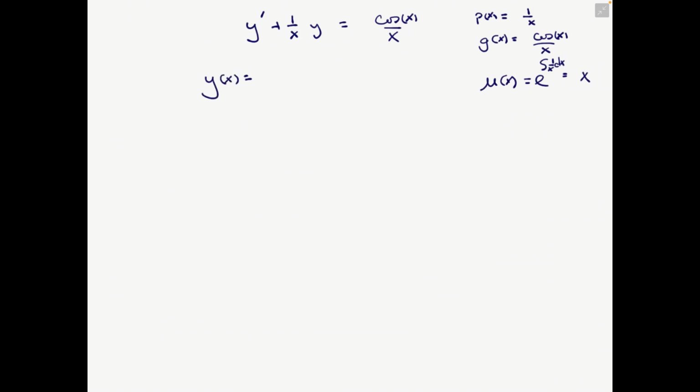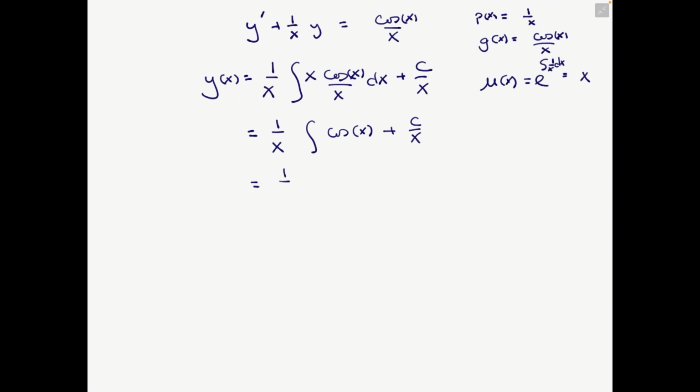Now, our solution is 1 on x, the integral of x cos x on x dx plus c on x. And this is simply x cos x plus c on x.